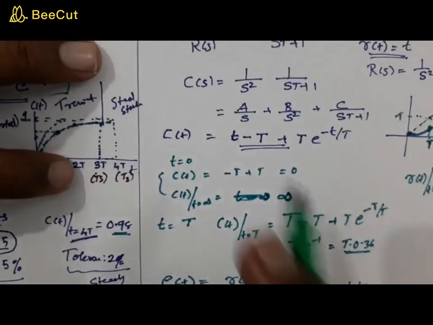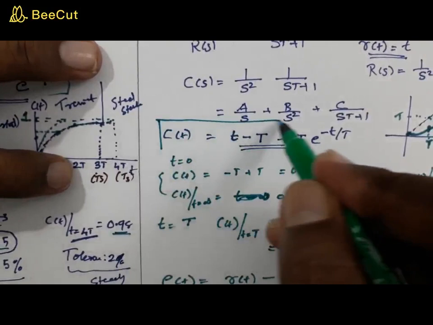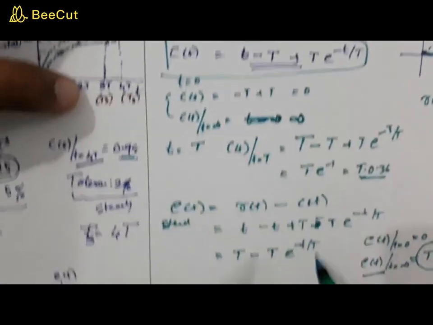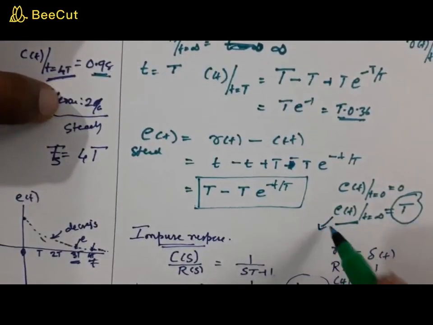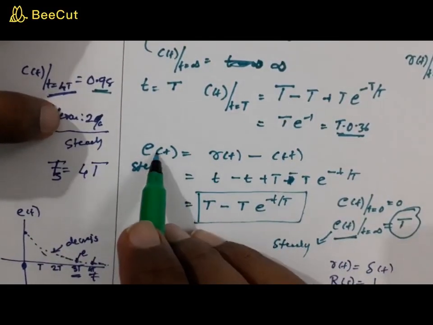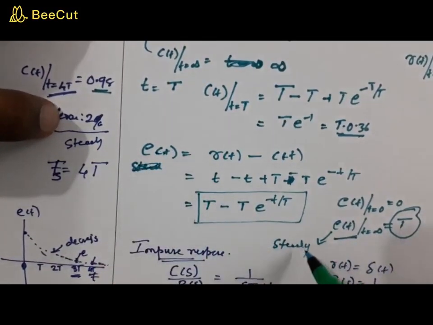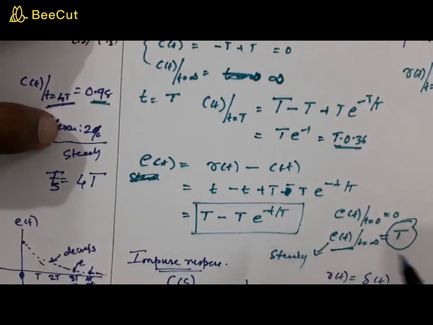Now coming to the ramp response, this is your ramp response, and we have found out the error is this. I have told you that this is just the error. The steady state error is, ideally speaking, the error at t equal to infinity.